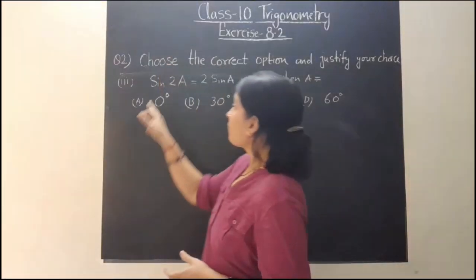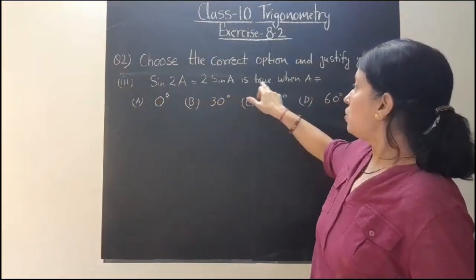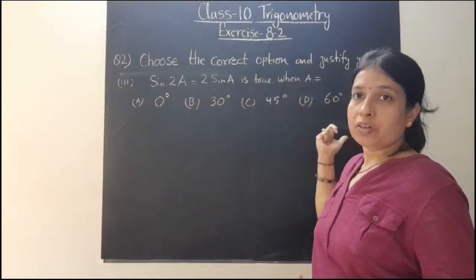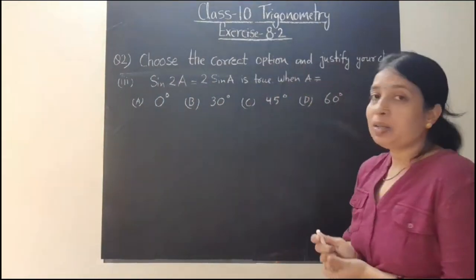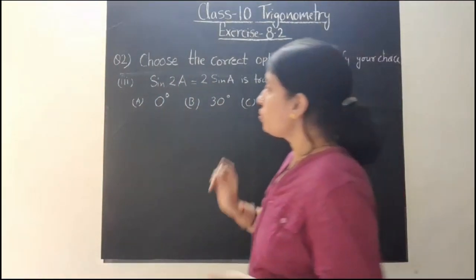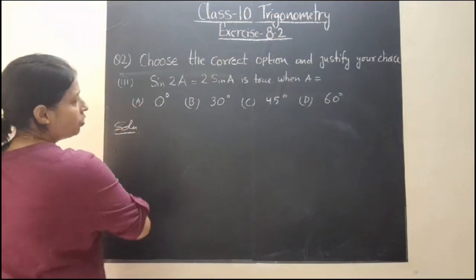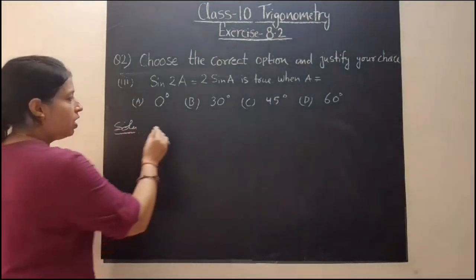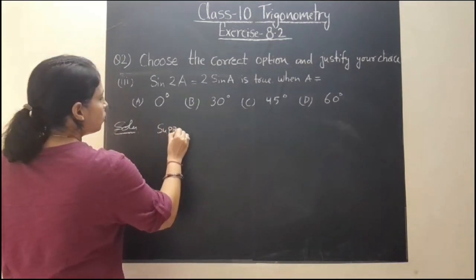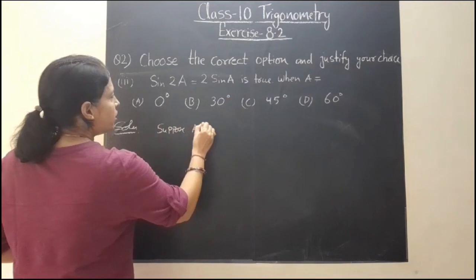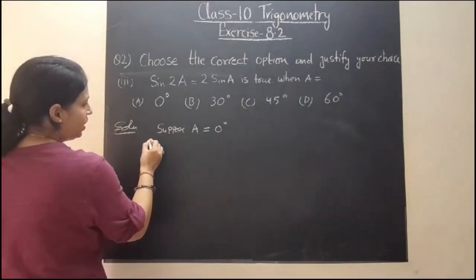Third part is sin 2a is equal to 2 sin a is true when a is equal to 1. So we have to find out the value of a. What will be a? Suppose a is equal to 0. If we take a is equal to 0 degree, then what will be sin 2a?